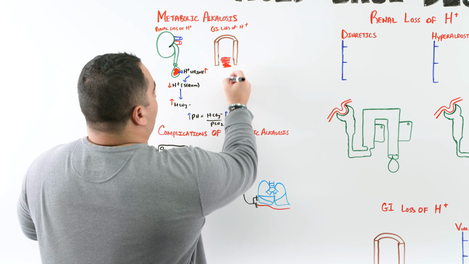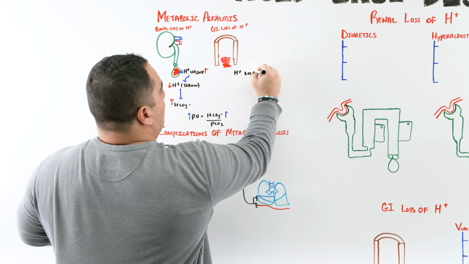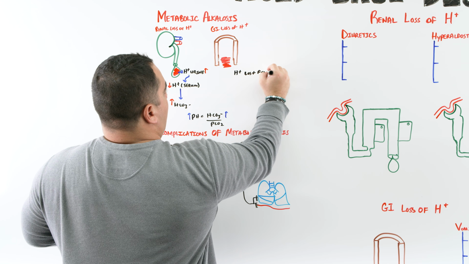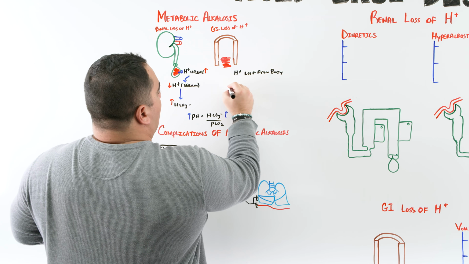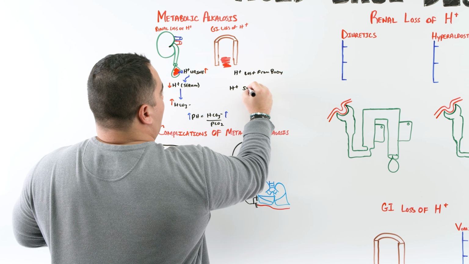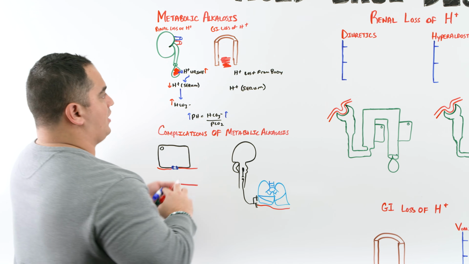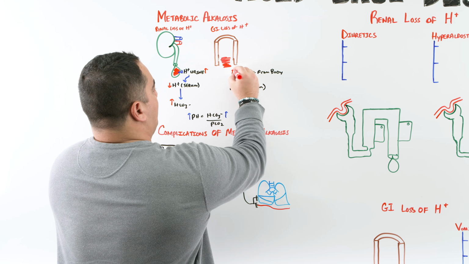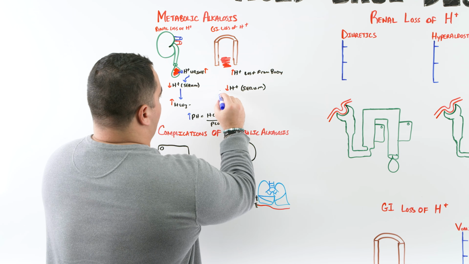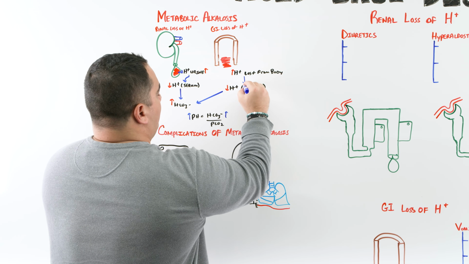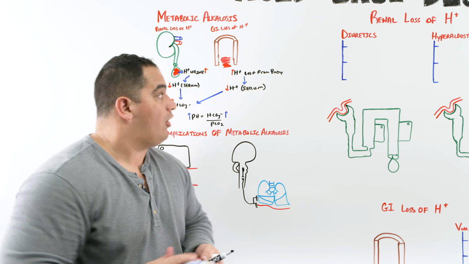As I have more protons being lost from the body, I lead to fewer protons present within the serum. And if there are fewer protons present in the serum, that will lead to an increase in your bicarb, because there's going to be fewer protons binding to the bicarb.